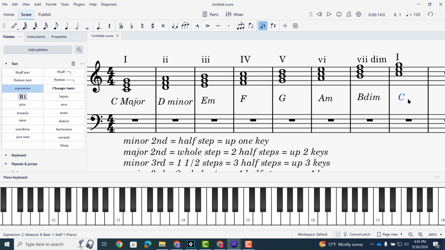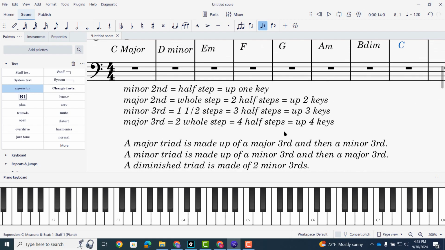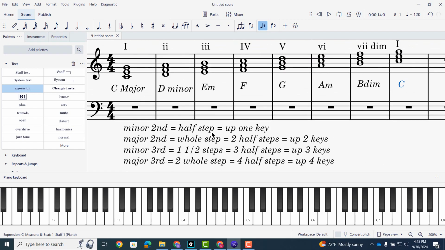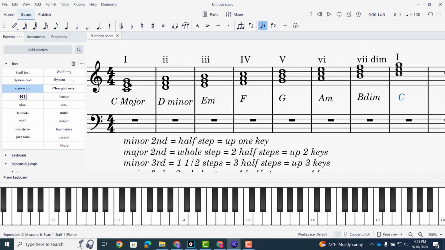All right, so when you're done with this worksheet, print it out and turn it in to the basket so we can put it in your folder, or I'll make an assignment for it and you can turn it in electronically. Either one. And then I'll print them out and put them in your folder. So now we know the 3 types of triads you would find in a major key: major 1, minor 2, minor 3, major 4, major 5, minor 6, finally a diminished 7, and then back to 1 again.